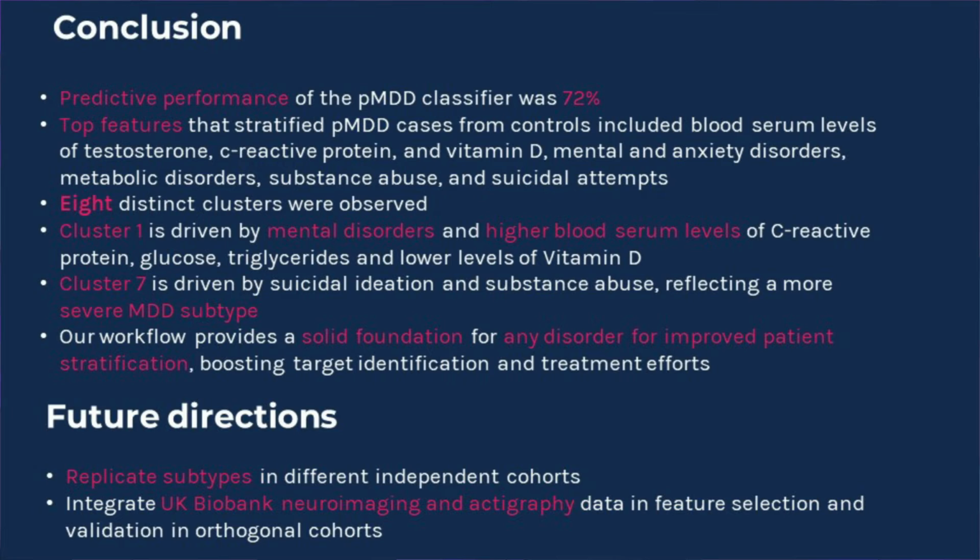The top features that we selected were able to help us identify some informative blood biomarkers and also clinically meaningful phecodes or phenotypes. We were able to identify about 8 unique clusters. And some of the clusters, for example, cluster number 1, showed that it is driven by mental disorders, higher levels of blood serum biomarkers, and lower levels of vitamin D.